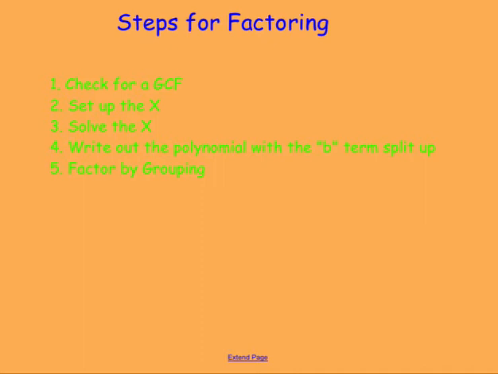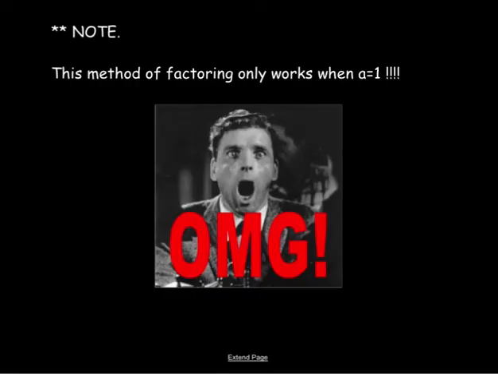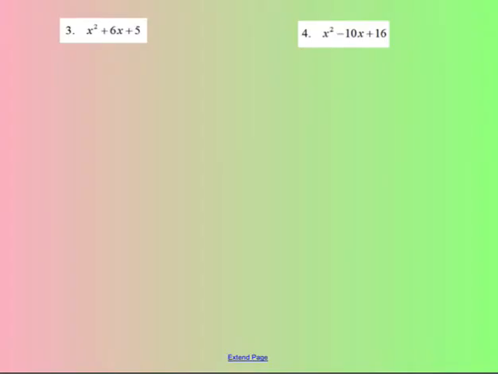And then you're going to factor by grouping. So this takes factoring the GCF and factoring by grouping, the first 2 things we did this unit, and uses them. So you do need to have those skills to move forward. Alright, so the biggest thing with this is you can only just take the c value when a is equal to 1. Okay? So let's take a look at what this is going to look like.